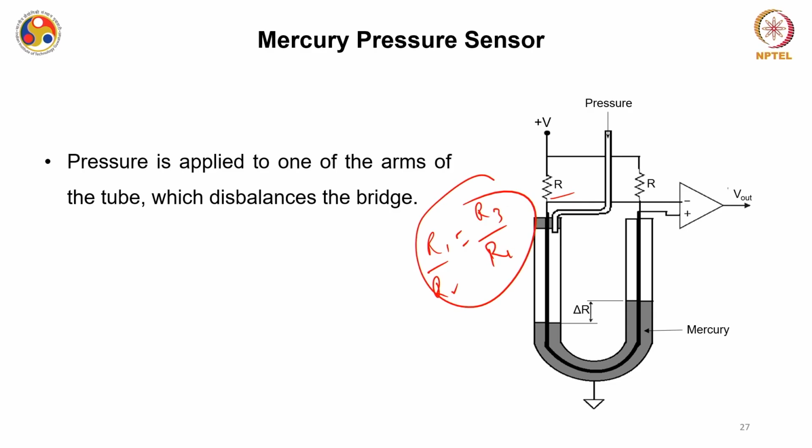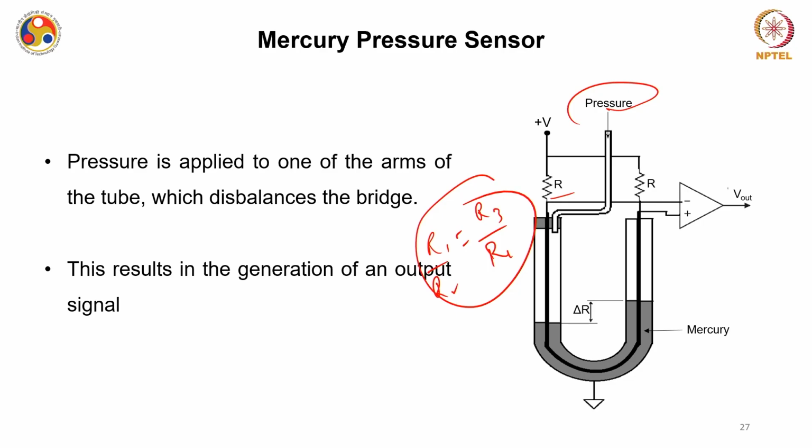Now when you apply the pressure, there is a disbalance in the bridge because the other two arm resistances change. When the bridge is disbalanced, there will be a non-zero voltage. The voltage at the output is now not a zero value.